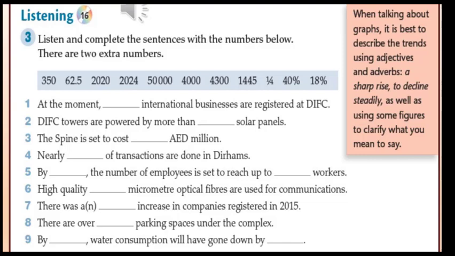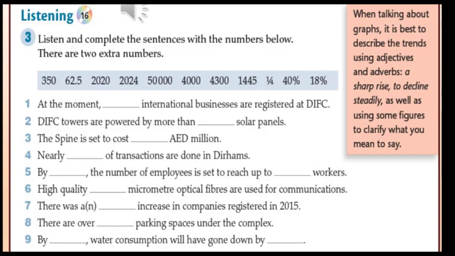By 2024, the number of employees is set to reach up to 50,000 workers. 6. High-quality 62.5 micrometer optical fibers are used for communications. 7. There was an 18% increase in companies registered in 2015. 8. There are over 4,300 parking spaces under the complex. 9. By 2020, water consumption will have gone down by 40%.